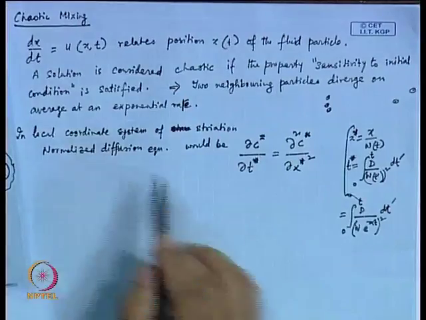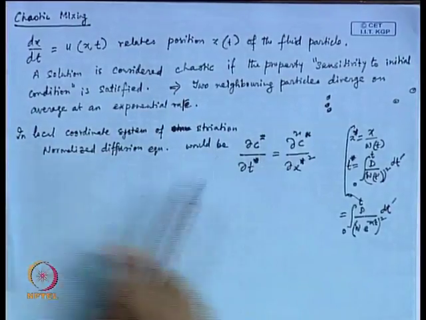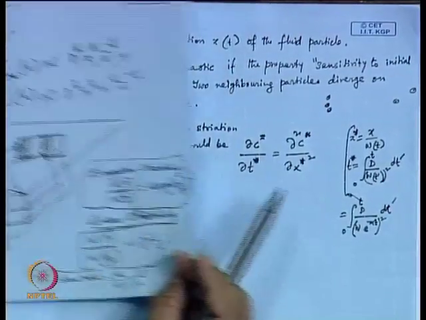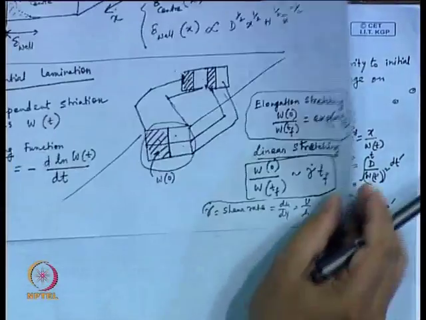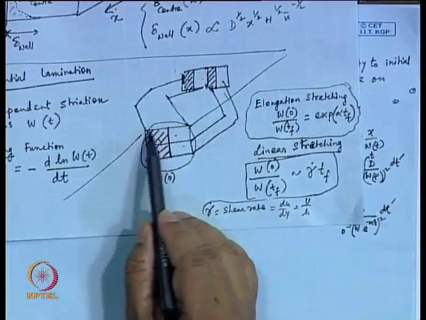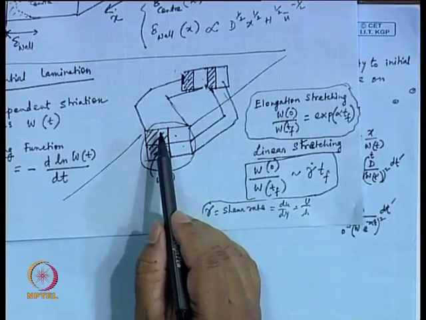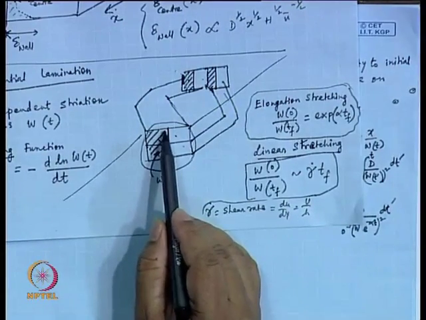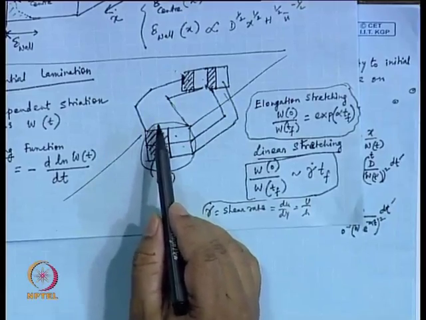So, what I do here is I write in a local coordinate system. Within this local coordinate system, see how this x is defined. I started with this as W 0, and this striation thickness is changing, going down with time.